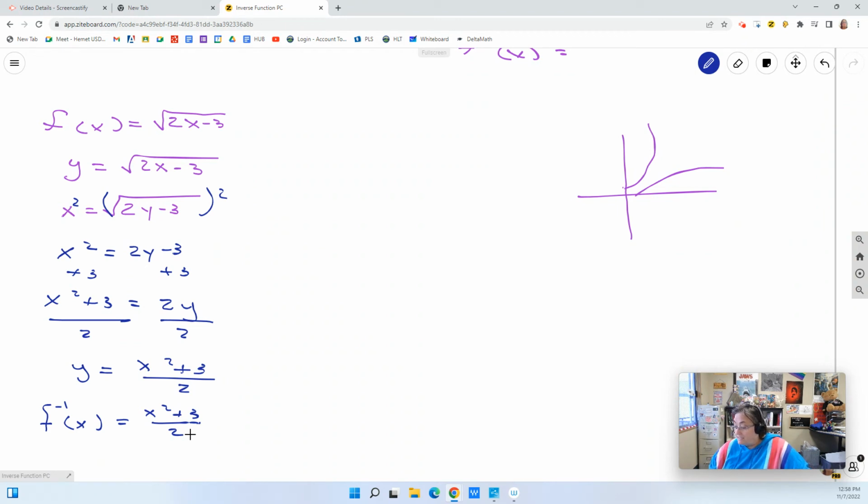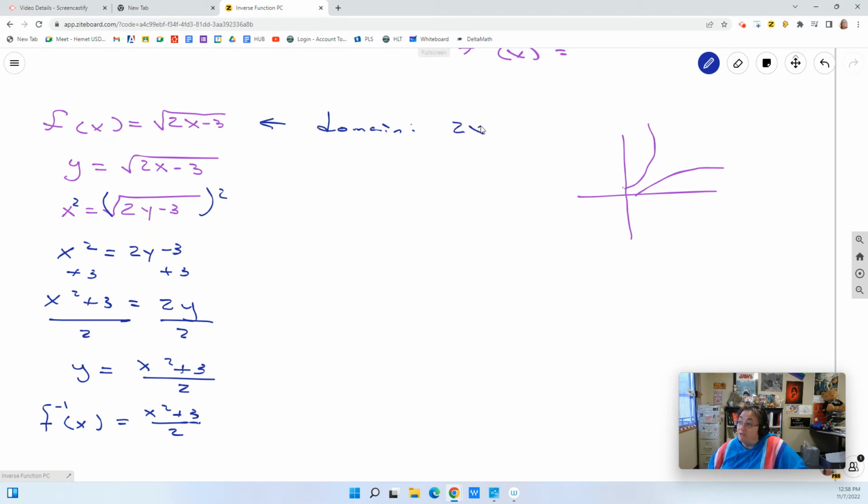Like if we look at the original one, our f of x, and it asks us what the domain of f of x is, we could say, okay, well, that can't be less than 0. So it's going to be anything that makes that less than 0, right? So we'd figure out what makes it 0.